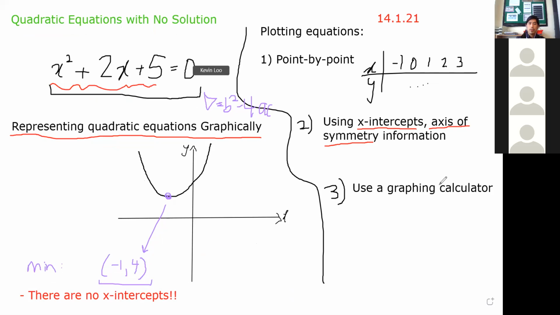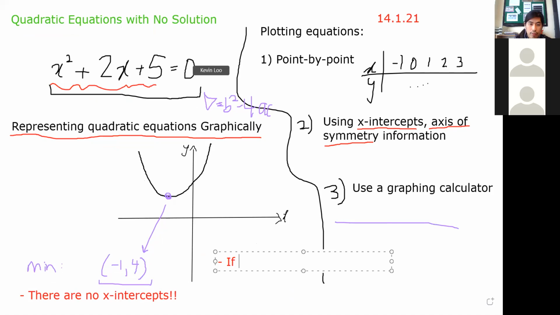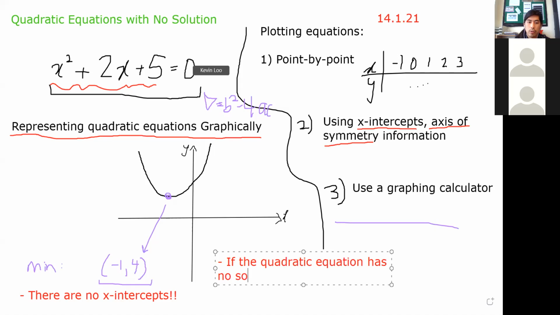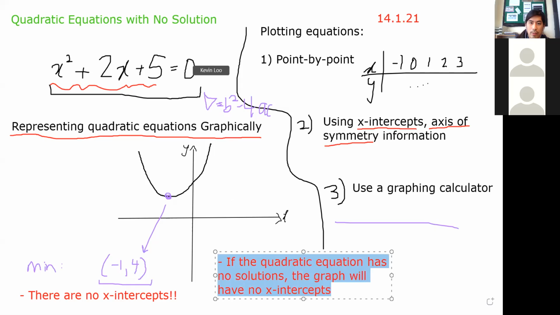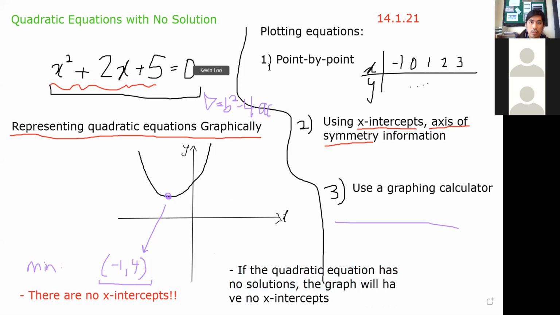All right. So in a nutshell, if the quadratic equation has no solutions, the graph will have no x-intercepts. Okay, it's kind of floating above in positive space. Does that make sense? You know how I like to draw red boxes sometimes in class around important points? This is one of those points.